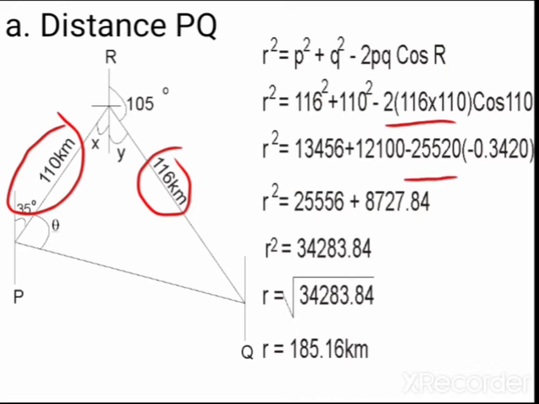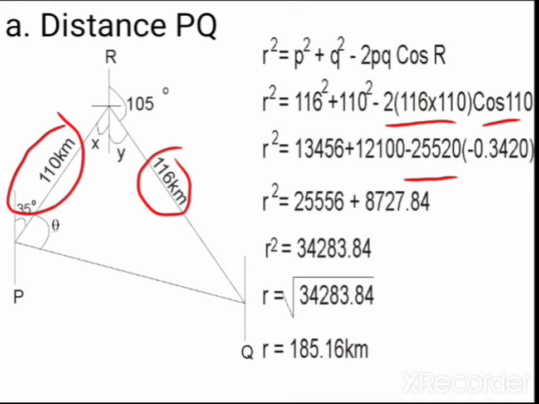Then cos 110 is equal to minus 0.3421. Why is it minus? In the first quadrant, all the trigonometry ratios are positive. Second quadrant, only sine is positive. Third quadrant, only tan is positive. Fourth quadrant, only cos is positive. We'll look at that later.